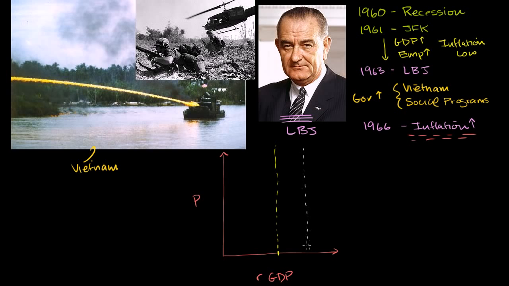One could view this as a theoretical maximum. But when we talk about potential, we're not talking about that short-term theoretical maximum. We're talking about the maximum GDP that an economy can produce in a healthy way, over the long run, without overworking people or factories. So this could be our situation in 1964, 1965.